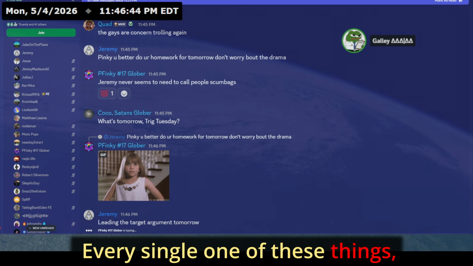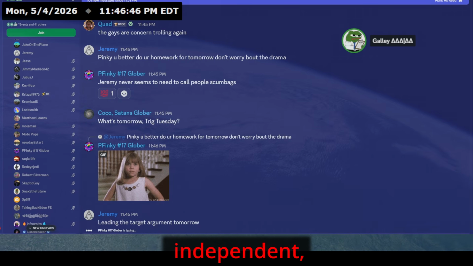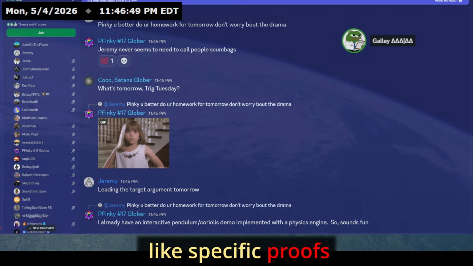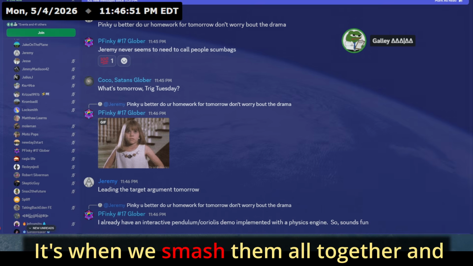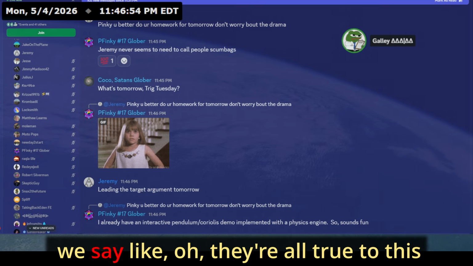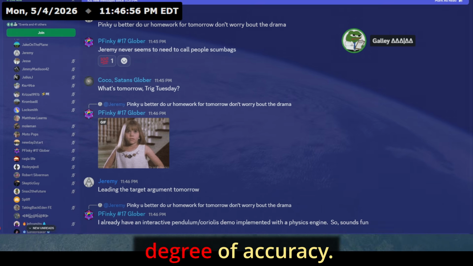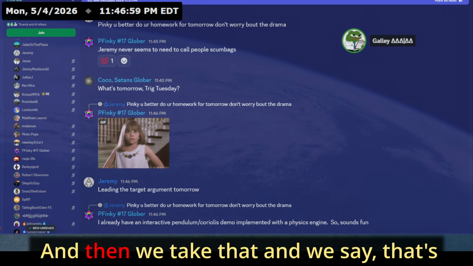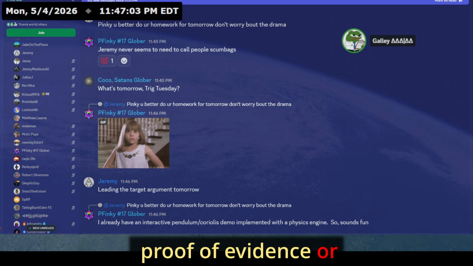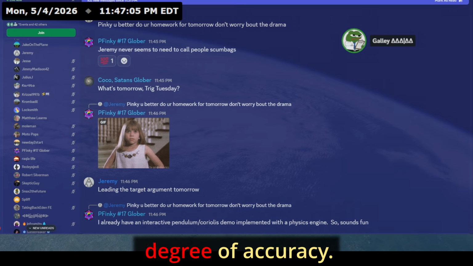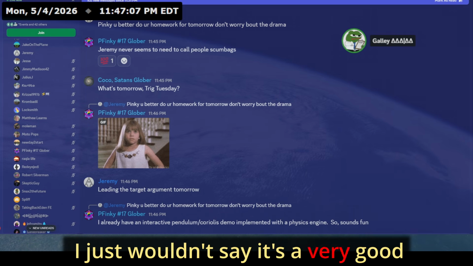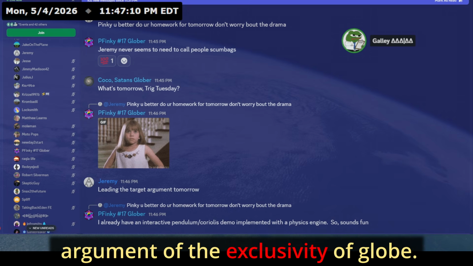Every single one of these things is not an independent, specific proof of a globe. It's when we smash them all together and say, oh, they're all true to this degree of accuracy, and then we take that and say that's evidence of a globe to a certain degree of accuracy. I just wouldn't say it's a very good argument for the exclusivity of the globe.